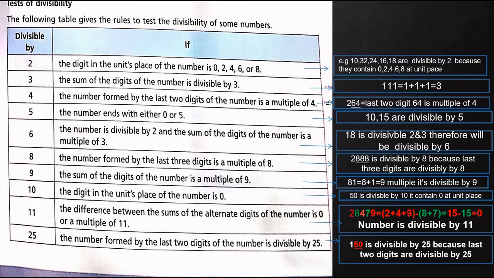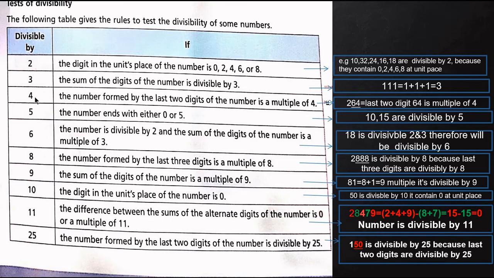This is the number 111, and these are its digits. If we add up the digits, it will give us 3, which is divisible by 3. Then the number 111 is also divisible by 3.